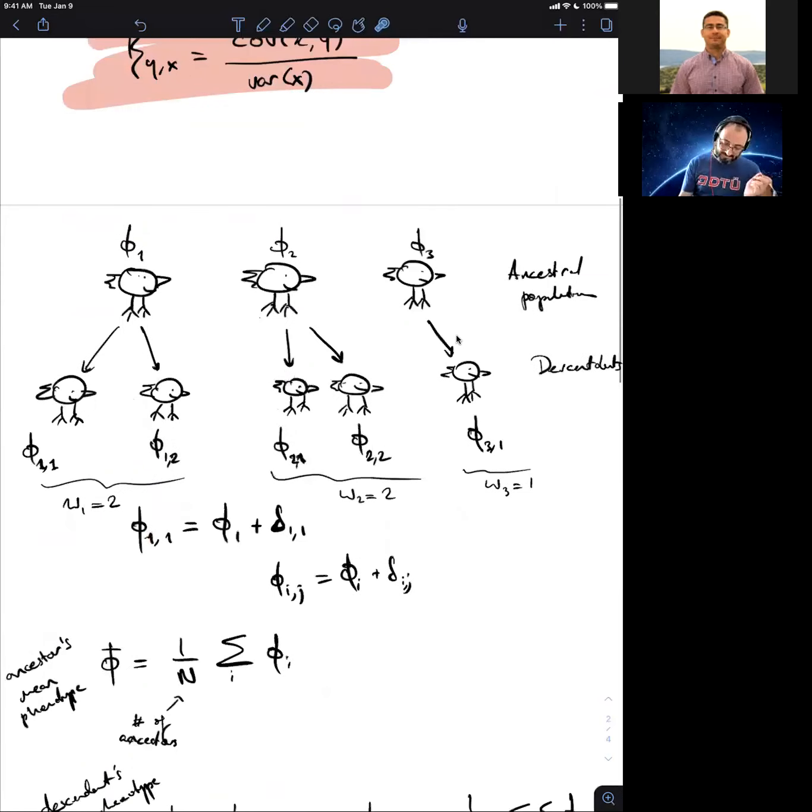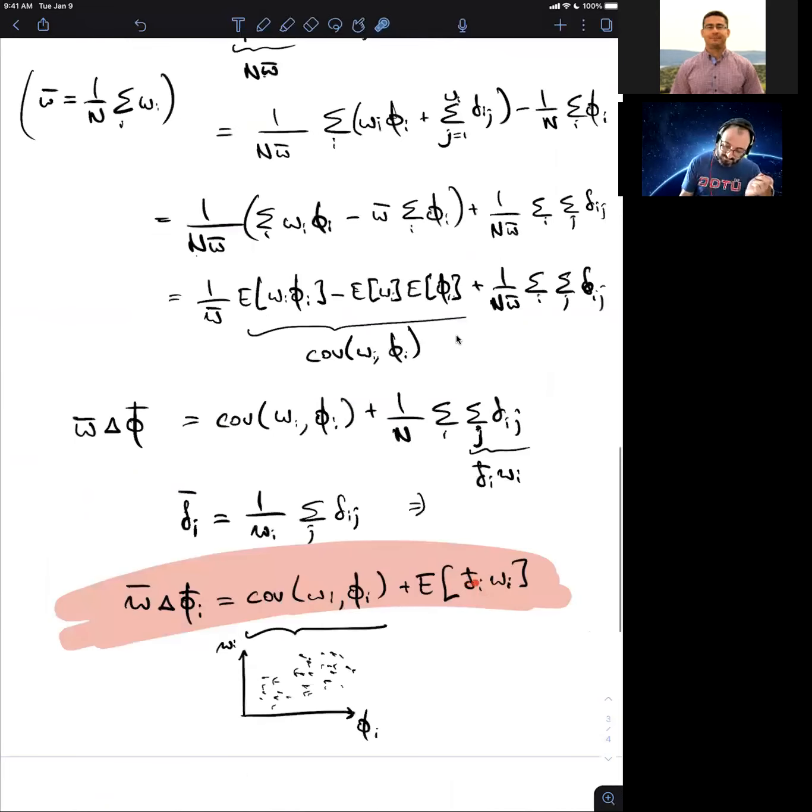And now this term is the expectation of the product of that mean with the fitness of the parent. So that's sometimes called the transmission bias term. This is commonly called the transmission bias term.